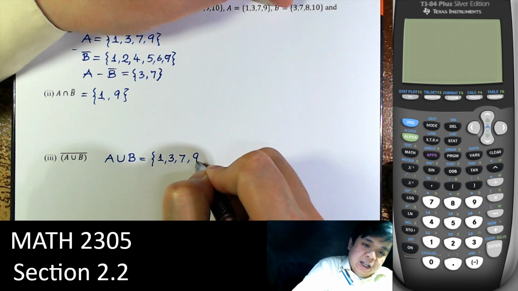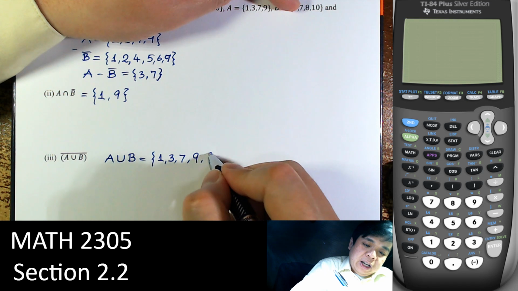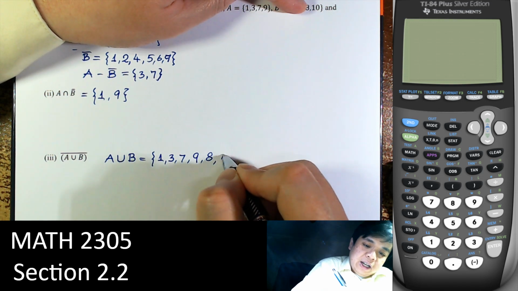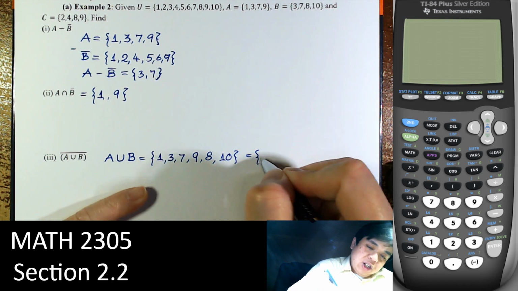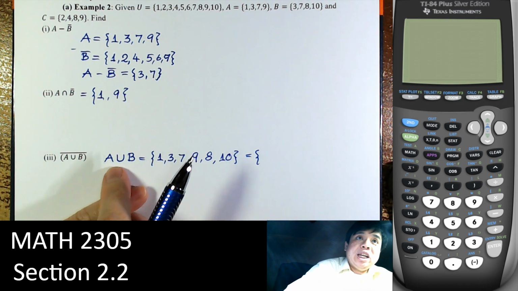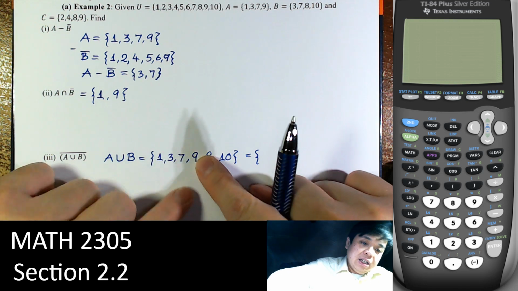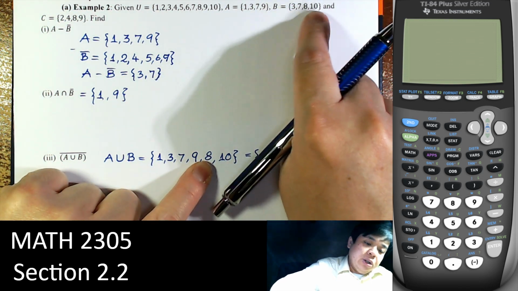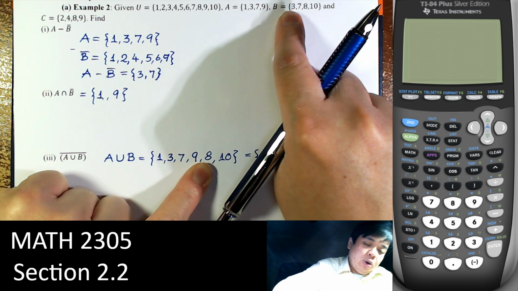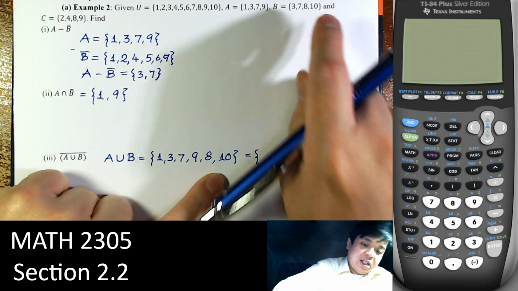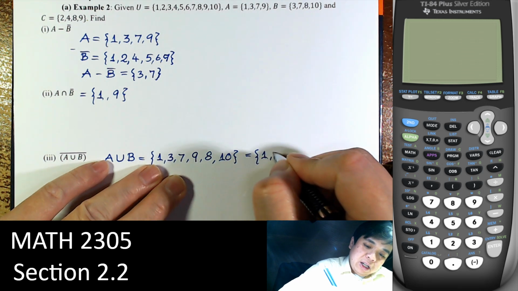That's A, and then we have 3 and 7 already, and 8 there, and then 10. Of course, order doesn't really matter, so we can just rearrange them. Right. So A union B, we're going to list A, and then what's new? That is not in A, so that 3 already there, 7 already there. Now just 8 and 10. Now I put them in increasing order.